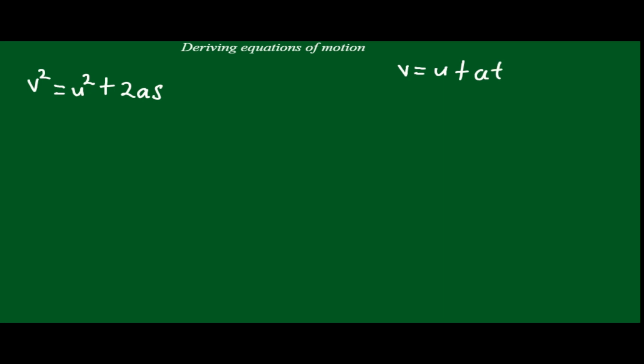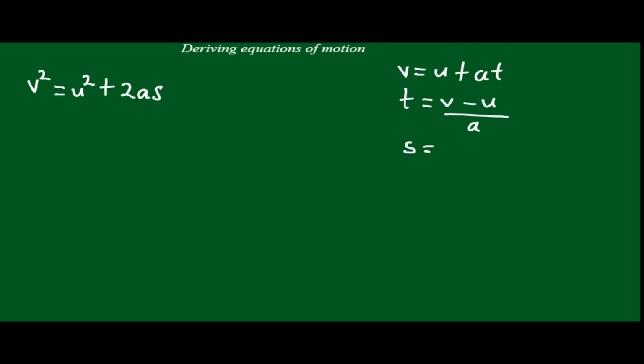Let's make t subject of formula: t is equal to v minus u over a. And from our previous example, where we derived the equation of s, we said s is given by this formula. So that's all we need to know at this point.